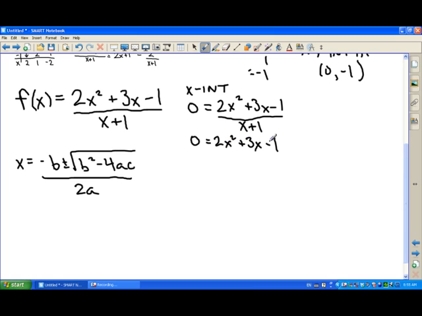And we can plug these values in for a, b, and c. So we get negative 3 plus or minus the square root of 3 squared minus 4 times 2 times negative 1, all over 2 times 2.